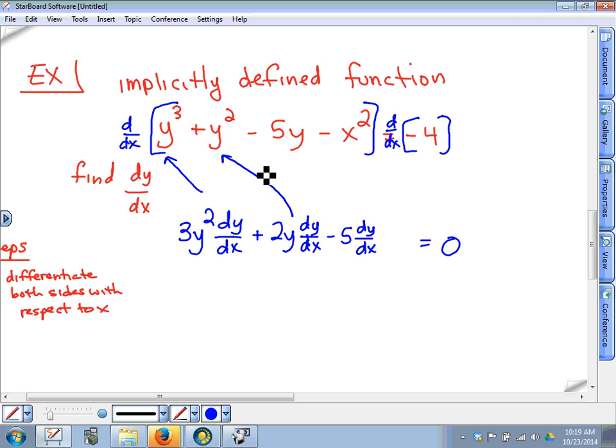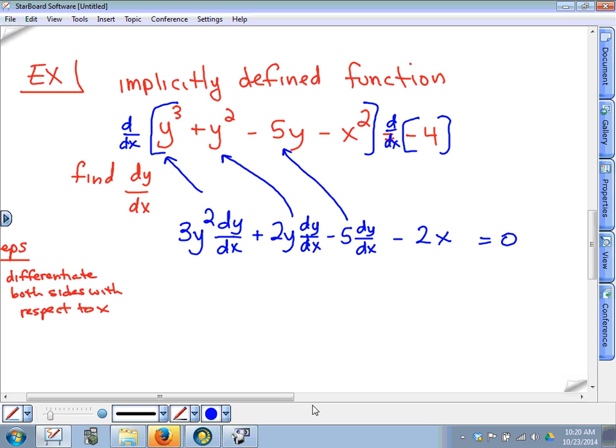So that's the derivative of that, and that's the derivative of that. Equals 0. Now the derivative of negative x squared is negative 2x. Does that one need a dy dx? No. There's no y there.